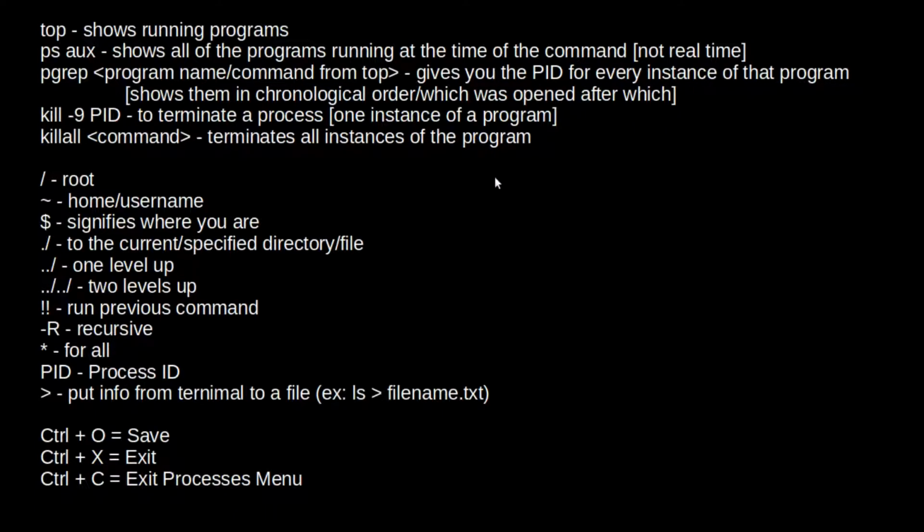And then you can use that with the kill command, let's say kill -9 PID, to terminate only one instance of a program, or you can use killall and then command, as in the program name, and then it terminates all of the instances of that program.